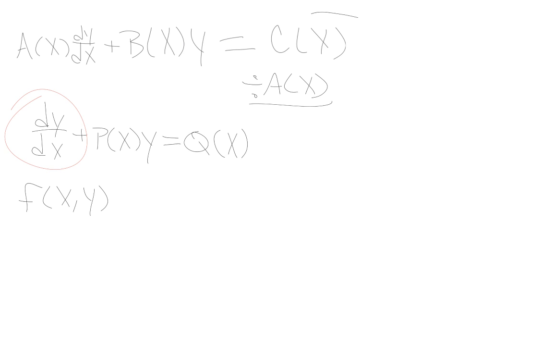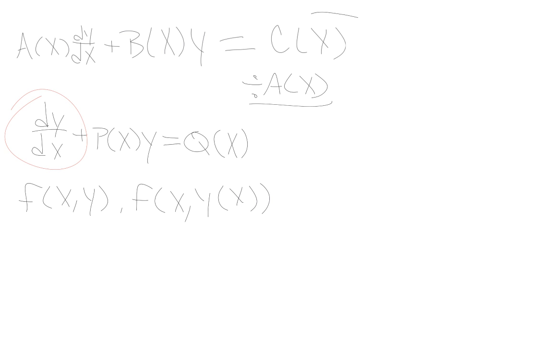I could incorporate the chain rule into this. Actually, I could write this potentially as a function f of x, y of x, if I could just define my second independent variable in terms of my first.